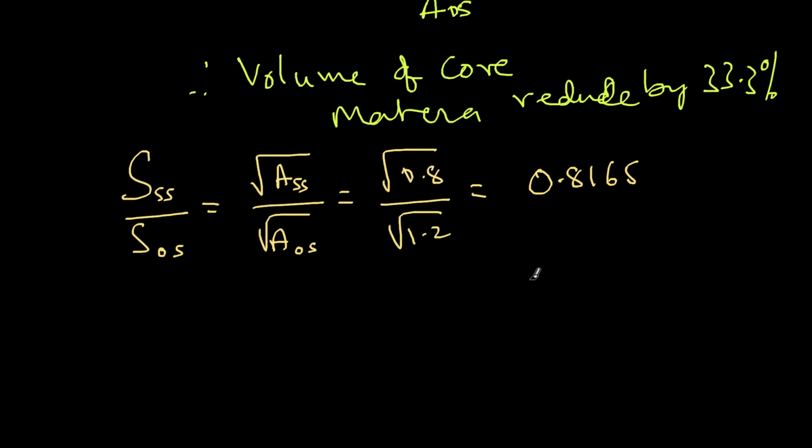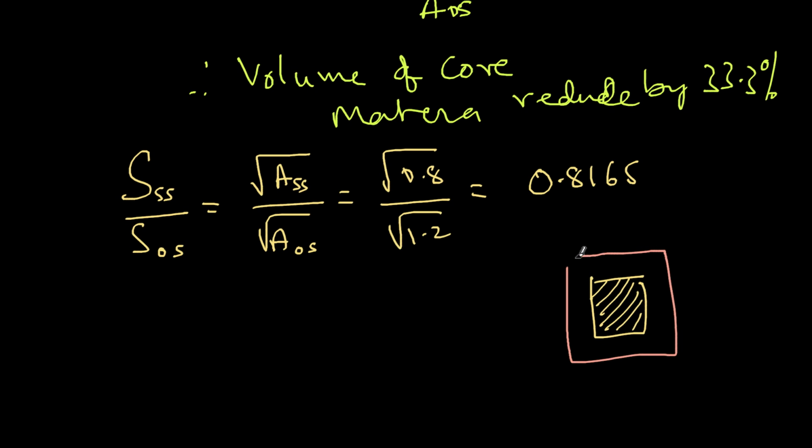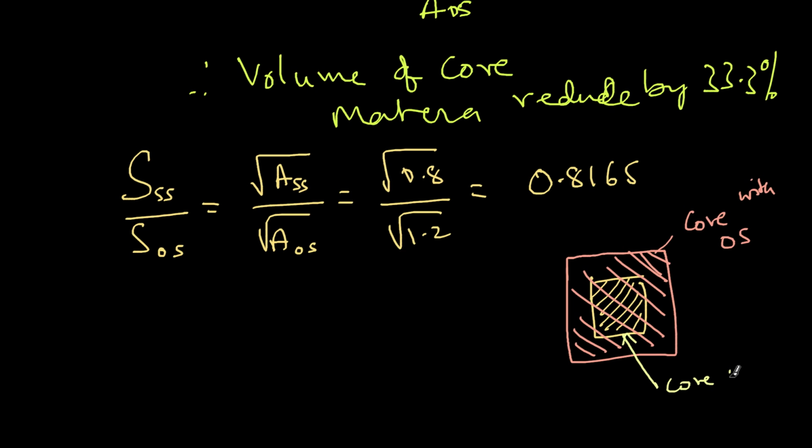That means now, let me draw the cross section like this. This is the core, and let me choose a different color. So this is the core with ordinary steel. Now this one is the core with silicon steel.